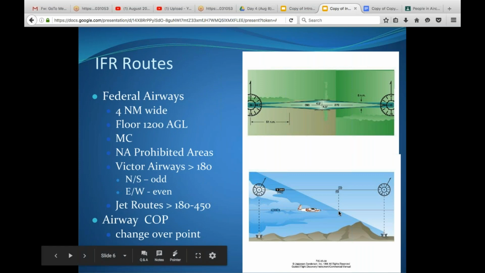That changeover point is put in there to tell the pilot when he's 22 miles from the VOR on the right, he needs to change over his frequency to the next VOR. And that's what this little symbol is when you see these on the routes, that's the changeover point.